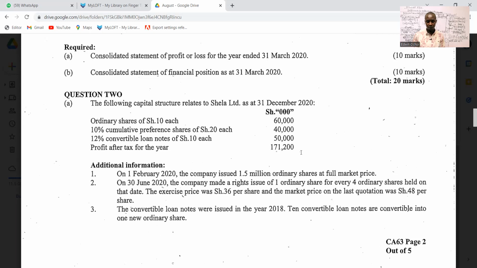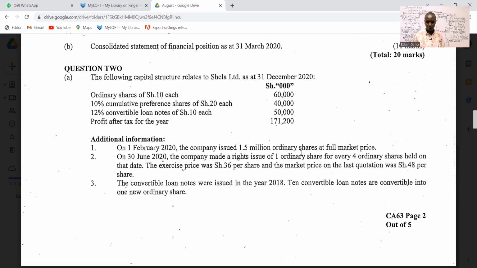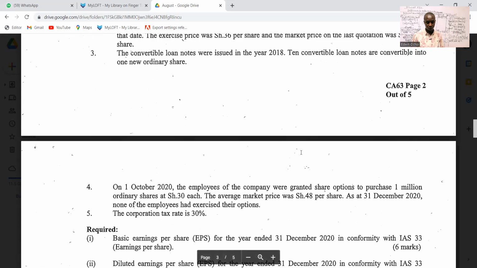The exercise price was 36, and the market price on the last quotation was 48 per share. Number 3, convertible loans were issued in the year 2018. We are in the year 2020, remember? It's even 2021.